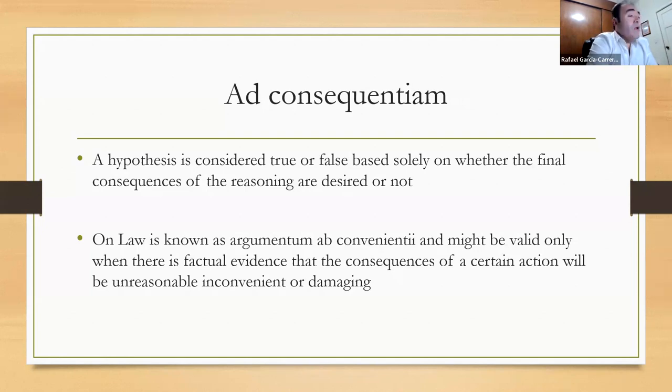Well, we all would like to avoid those consequences. Therefore, that might be a valid argument if and only if you can present factual evidence of those consequences. Good wishes, or just you saying that out of thin air, are not factual evidence and will draw you back to fallacy territory, which you want to avoid.